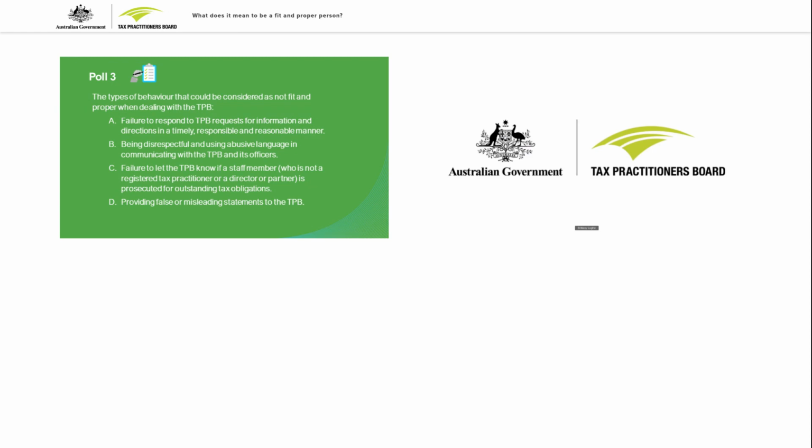Option B is being disrespectful and using abusive language in communicating with the TPB and its officers. Option C, failure to let the TPB know if a staff member who is not a registered tax practitioner or a director or partner is prosecuted for outstanding tax obligations. And option D is providing false or misleading statements to the TPB.